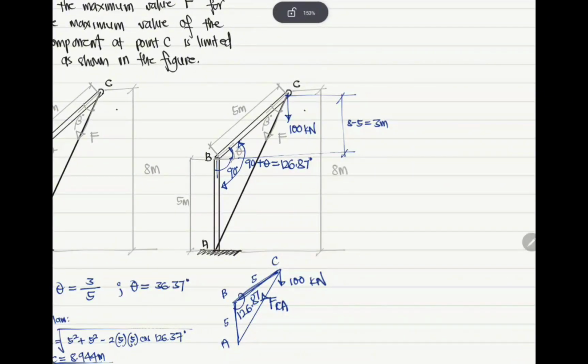Why did we get this value? Our aim is to determine F, so we need it in order to determine beta. From the figure, we have 126.87 degrees, and this is beta. Beta can be solved using the sine law. We have two known sides: side AC, whose opposite is 126.87, and this 5, whose opposite is angle beta.